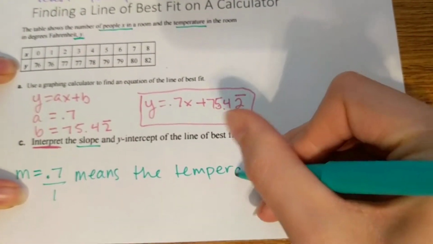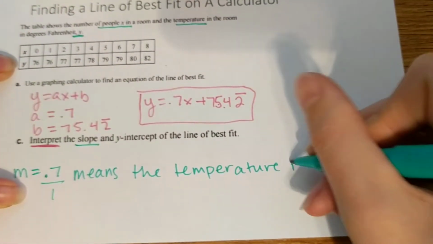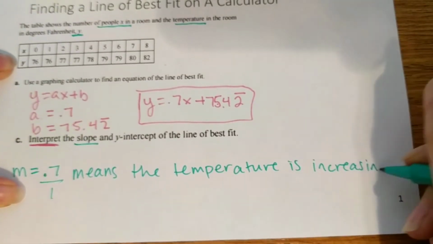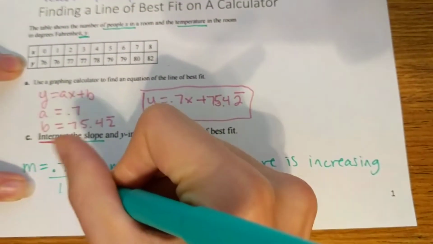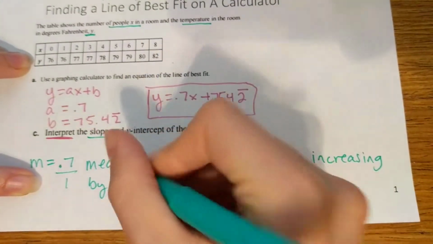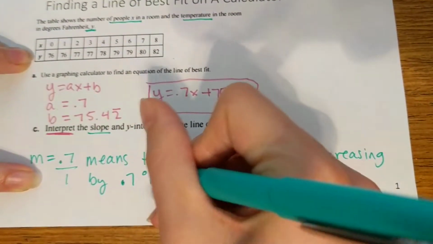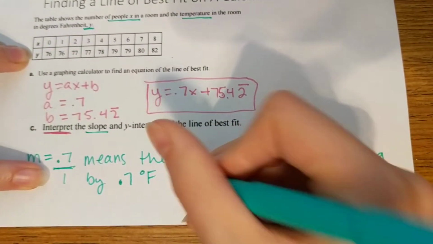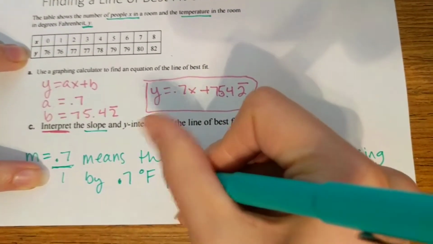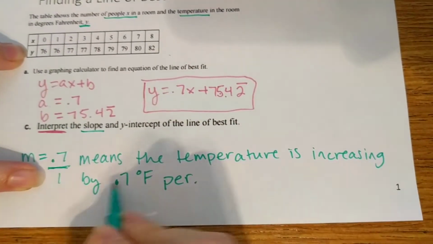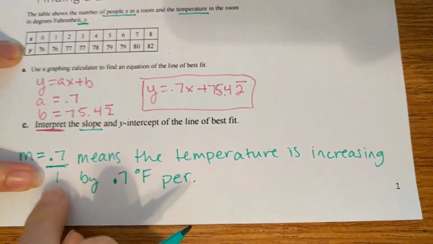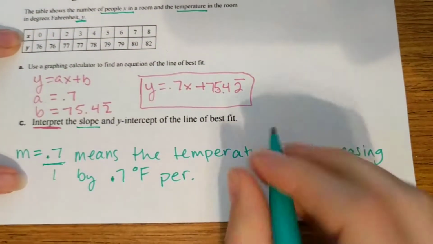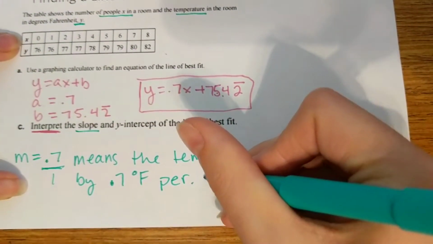So the temperature is increasing by 0.7 degrees, and this is a rate, so it has to be per or for every or for each. So it's 0.7 degrees per 1, which is x, and x represents people, so it's per person.